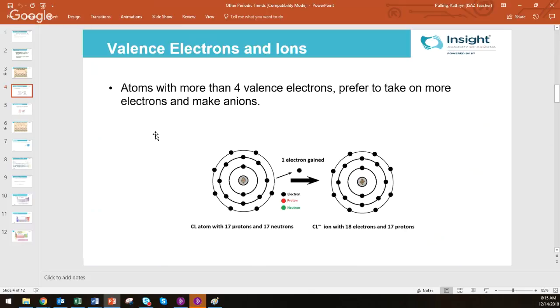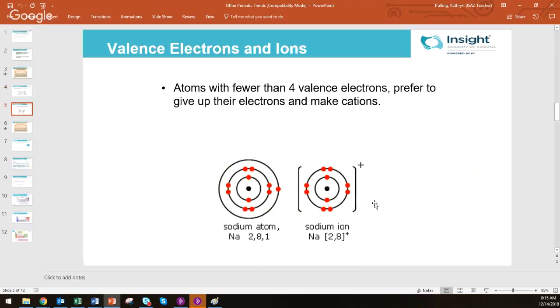So for example, chlorine, which is in column 7A, has 7 valence electrons. When it forms an ion, it'll grab 1 extra electron. That'll fill its shell, put it at 8, and have a -1 charge.